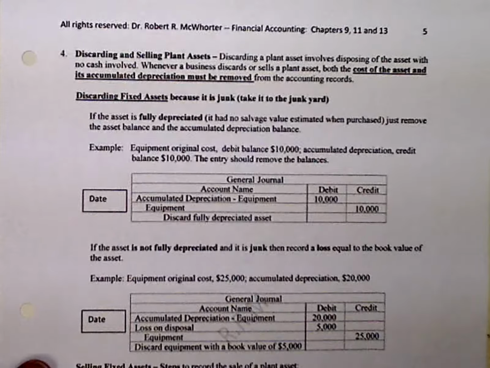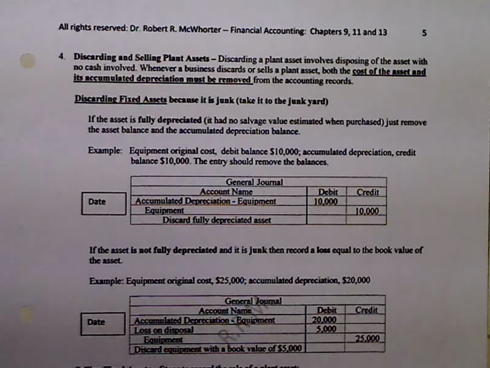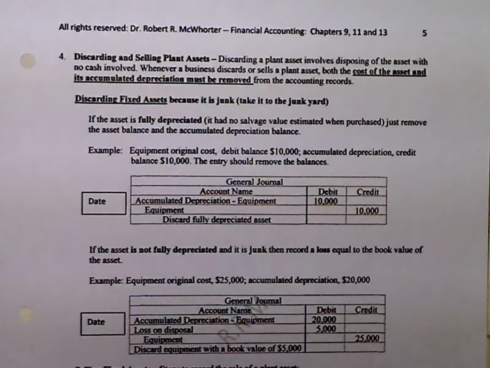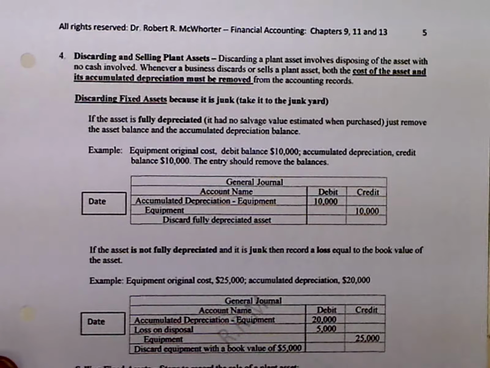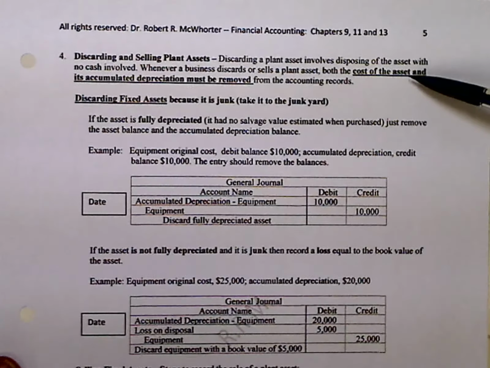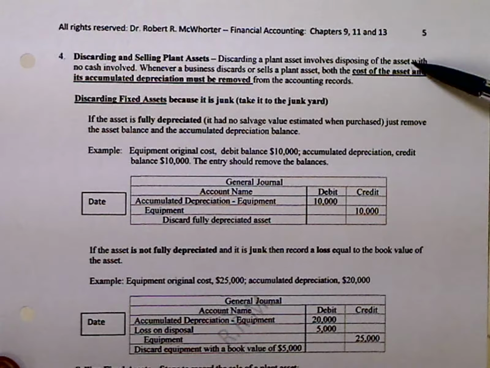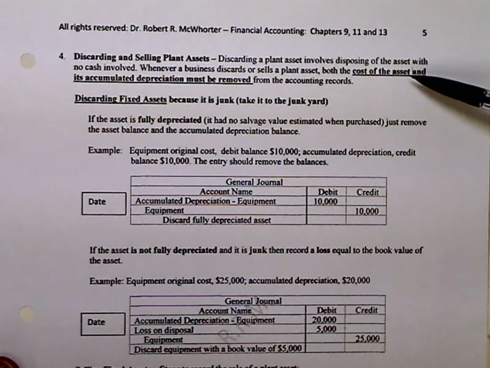Now, as I mentioned, sooner or later, you're going to dispose of the asset. You're going to get rid of it one way or another. Sooner or later, it's going to wear out. Now, as long as you use it, let's say you depreciate something over 3 years, and after 3 years you're still using it, you just stop depreciating it.